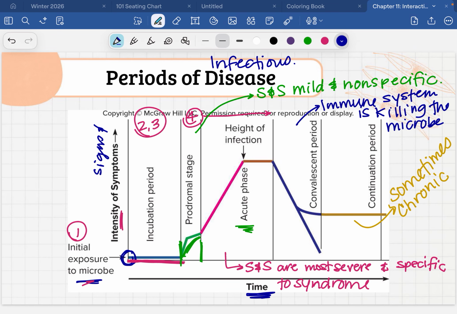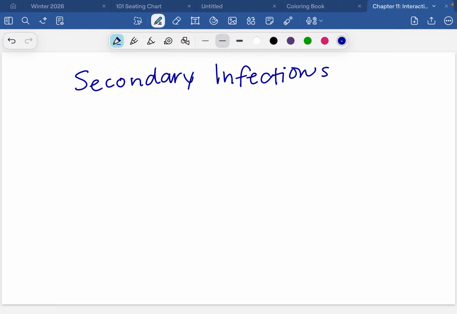And I'm going to add another big blank page. So, a secondary infection is something that happens after an initial infection.